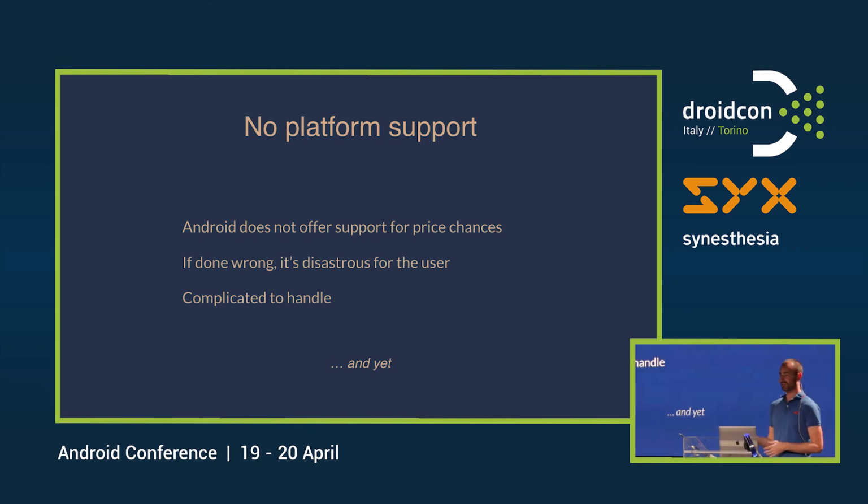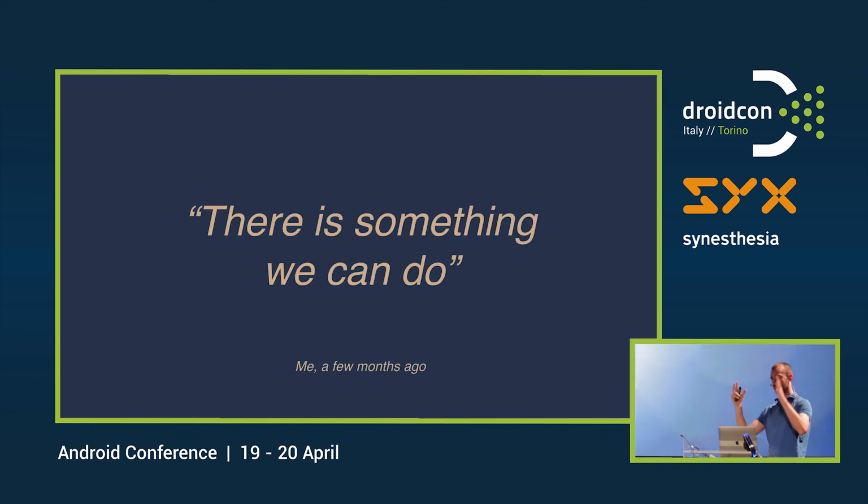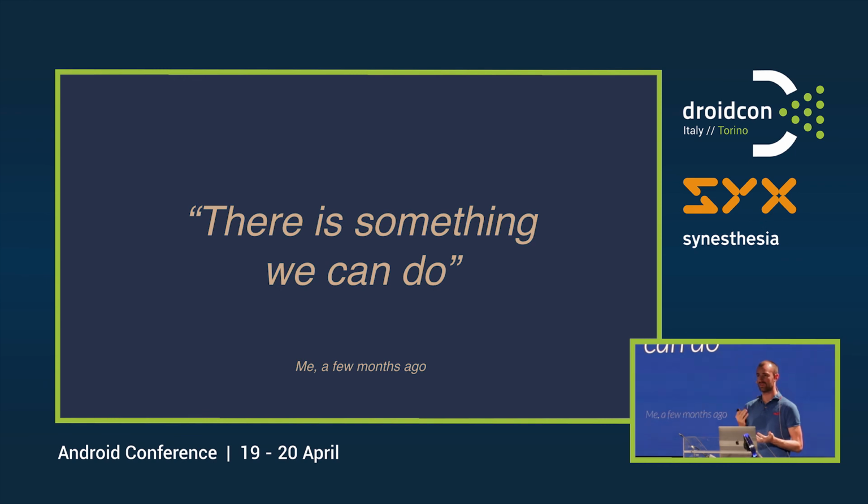And me and this colleague of mine, we said, well, that's actually not supported by the platform. So end of story, right? But at some point, we had this moment of revelation. There is something we can do, actually. And yes, this, again, is me a few months ago. And we devised a way of making that possible on both Android and iOS.